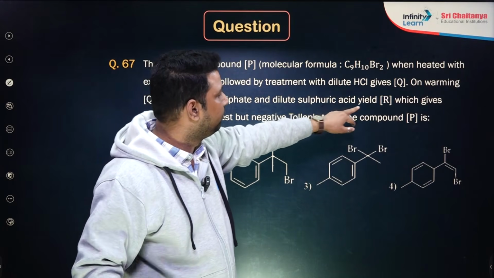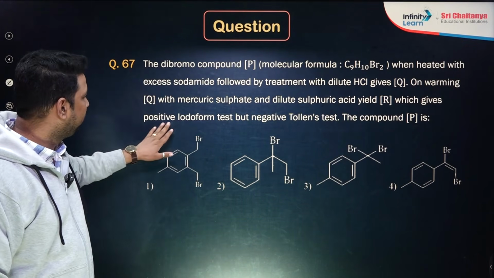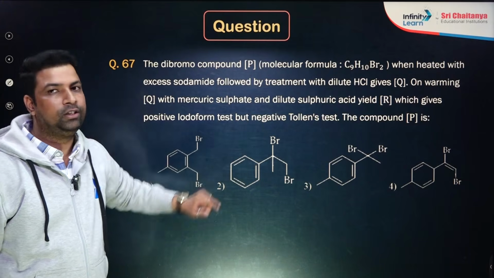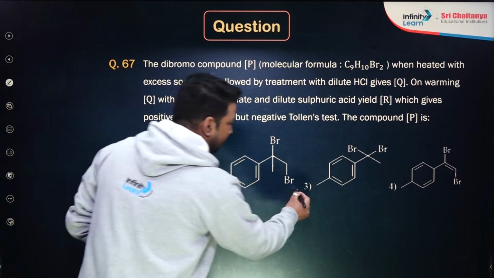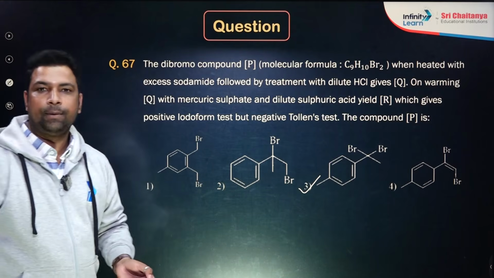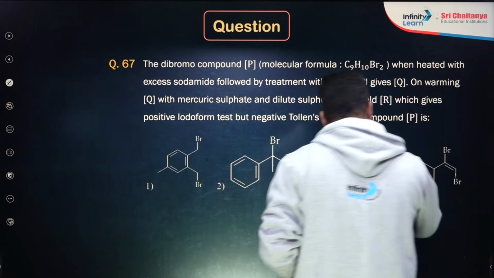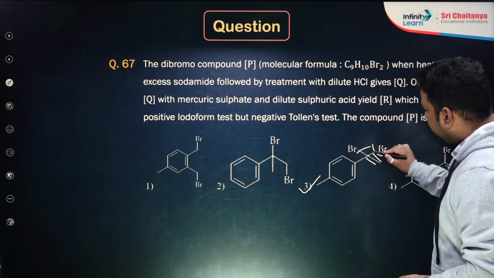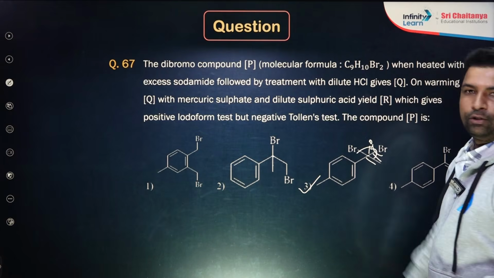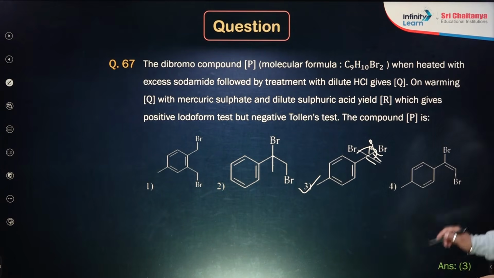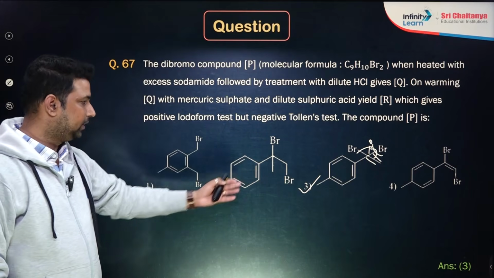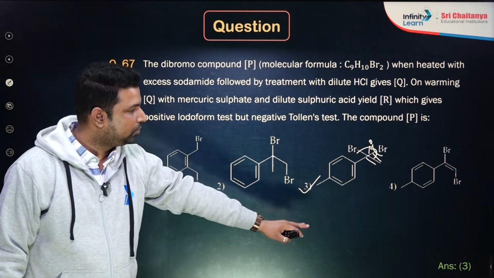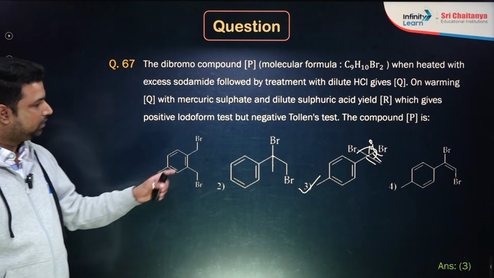Then ketone will form, which will give positive iodoform test, but negative Tollens test, means it is ketone. Definitely, if you will see the third option, it will only fulfill the above conditions. Means first alkyne, then here will be OH and tautomerized ketone will form. So third will be your right answer. In this case also the same desired product will not form. So your right answer would be third part.